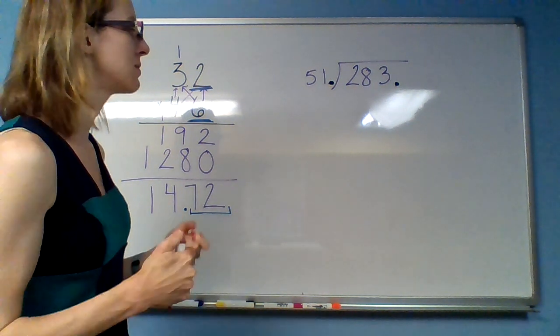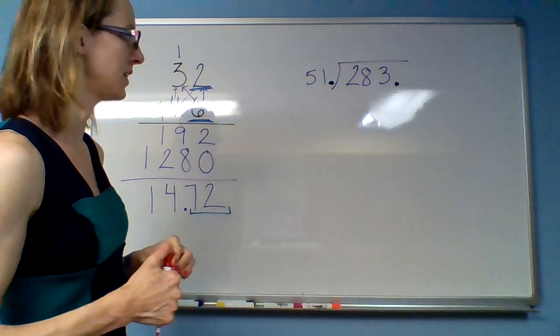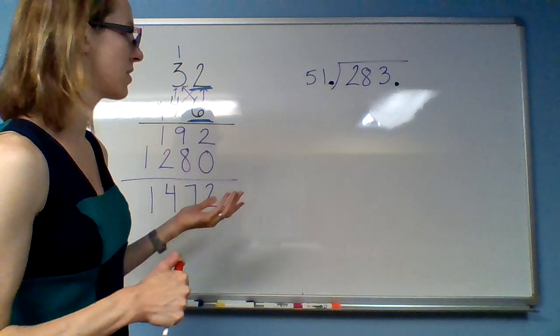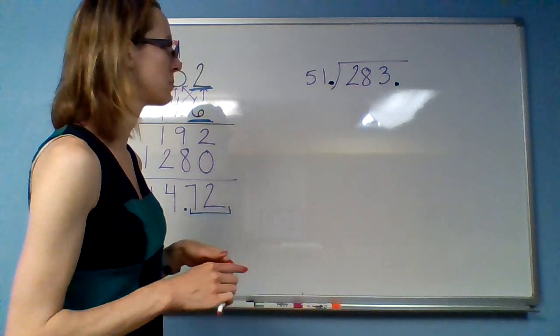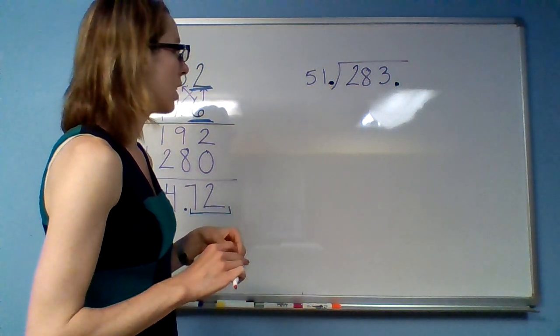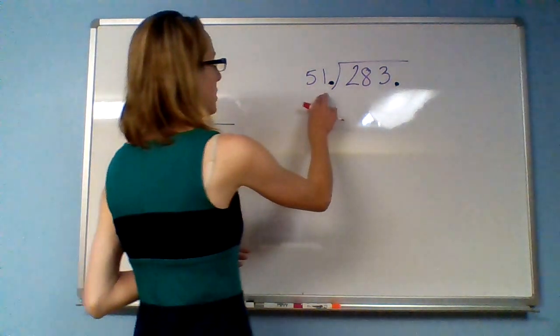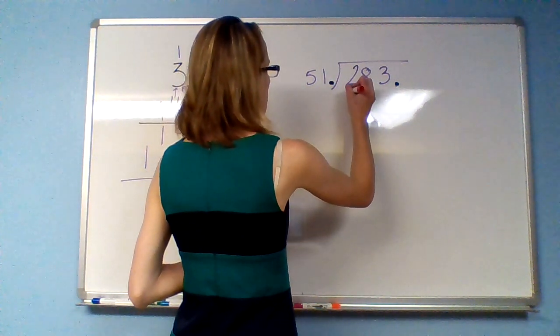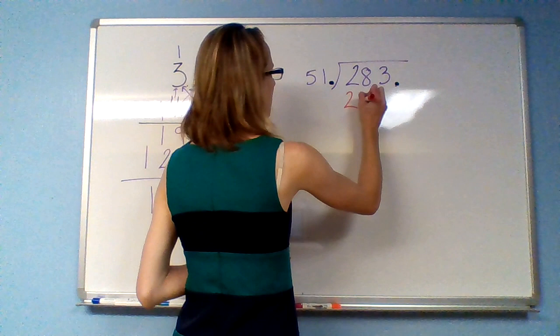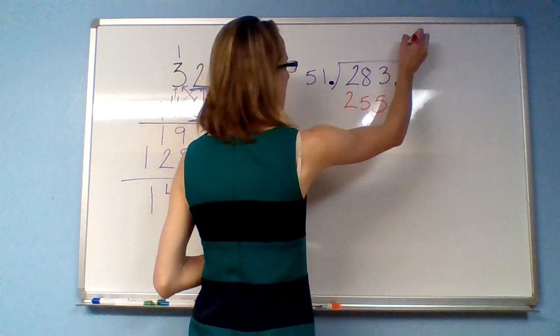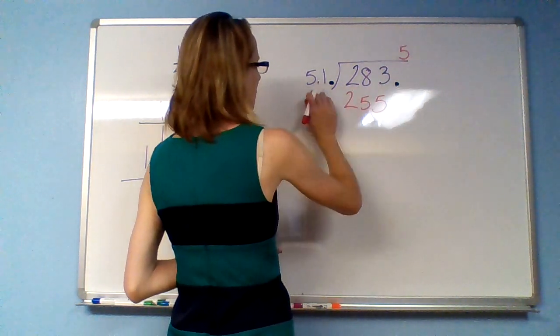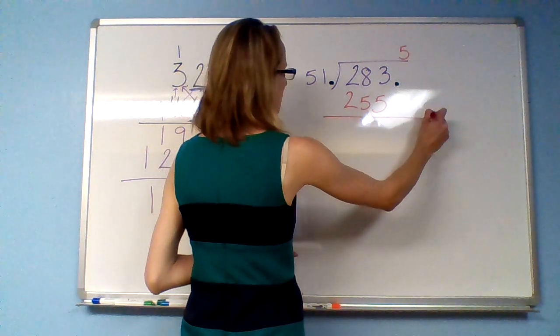Well, 50 times 5 is 250. So I can't fit another one in there because 50 times 6 would be 300. So 51 times 5 is going to be 255. And that was times 5. 5 times 51 was 255.